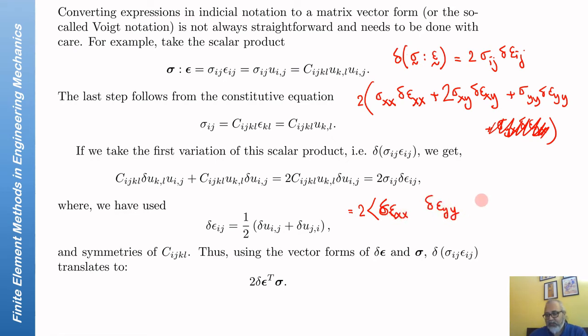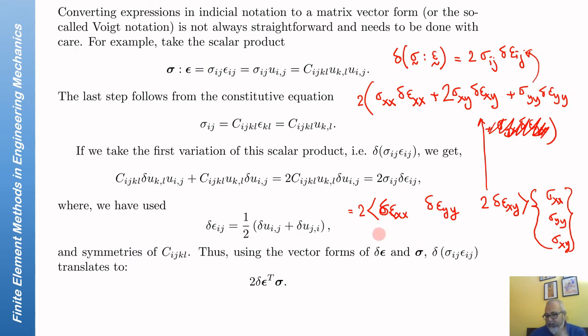This is the ordering that we have done. 2 times delta epsilon xy. So this is how we can write this expression, and therefore this expression.